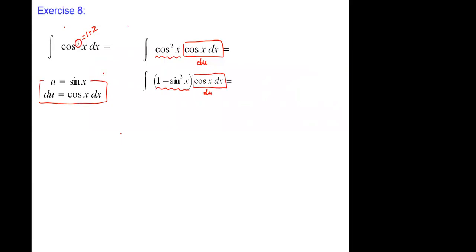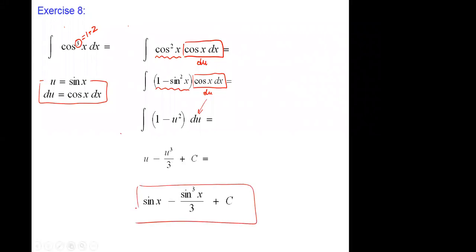Then my integral is just 1 minus u squared, and this is du. Integral of 1 is u, integral of u squared is u cubed over 3. Done. Just in terms of u, I will put back my sine function. And we can see we don't have to really memorize stuff. It's simply the U substitution and a little bit of art, creativity.